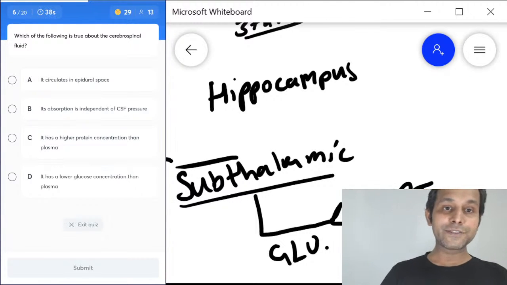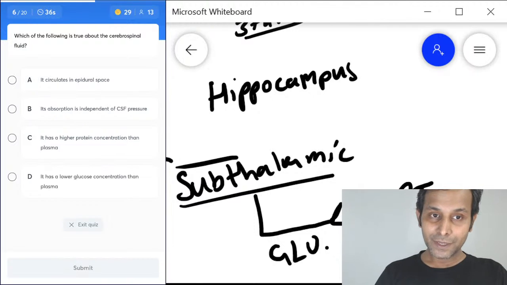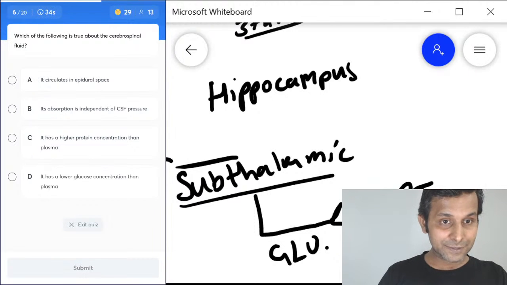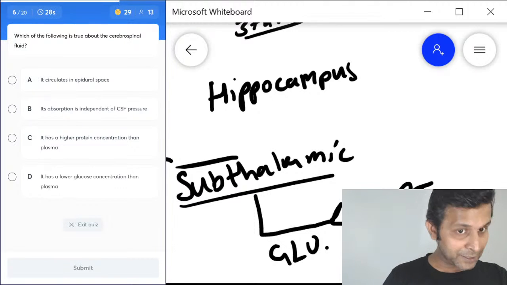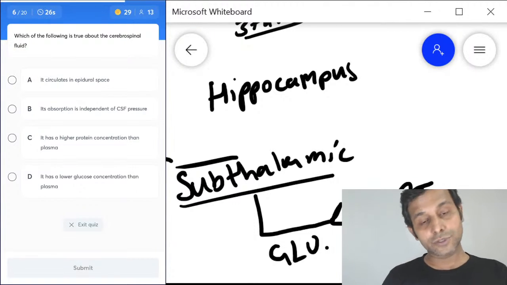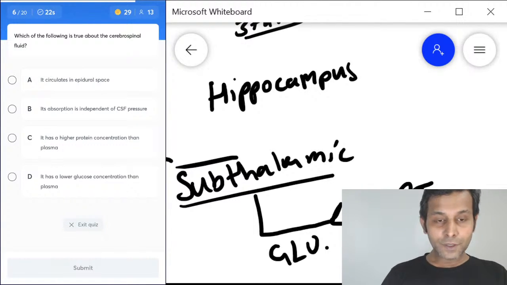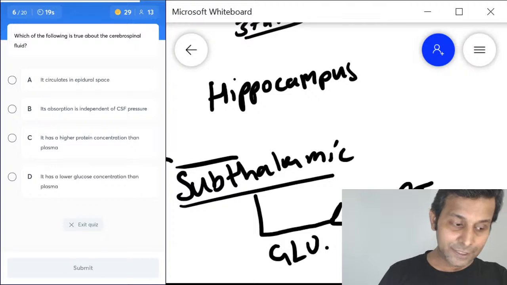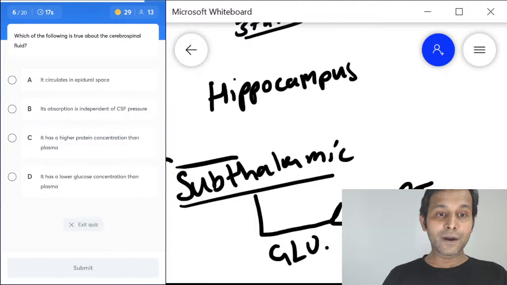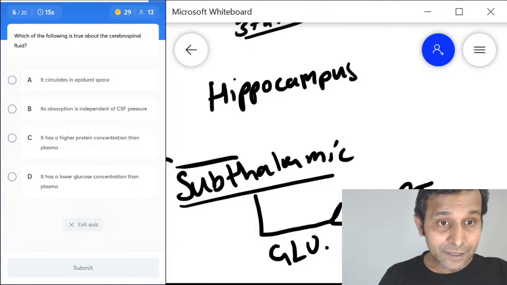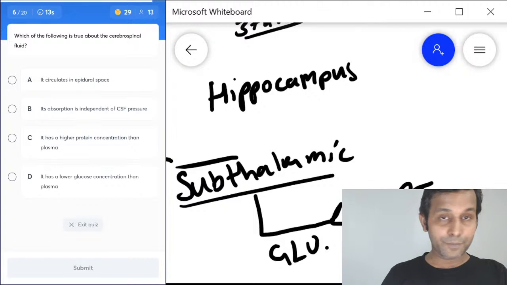Which of the following is true about cerebrospinal fluid? It circulates in epidural space. Its absorption is independent of CSF pressure. It has a higher protein concentration than plasma, or it has a lower glucose concentration than plasma. Remember, the brain is an obligatory user of glucose, so D can never be the answer. Its absorption is independent of CSF pressure, no, B can't be the answer.